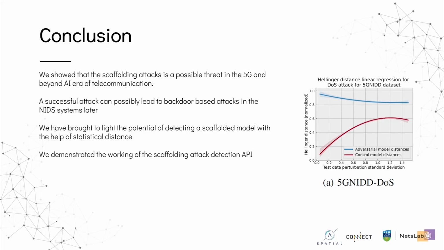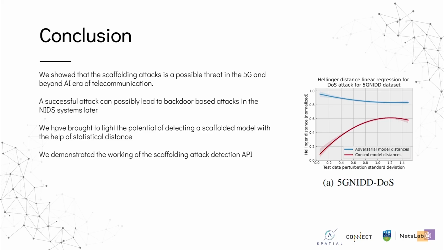So with that demonstration of our API, we come to the final part of this video. Before we wind up, we would like to recap from the top. We showed that scaffolding attacks are a possible threat in the 5G and beyond era of telecommunication with AI.